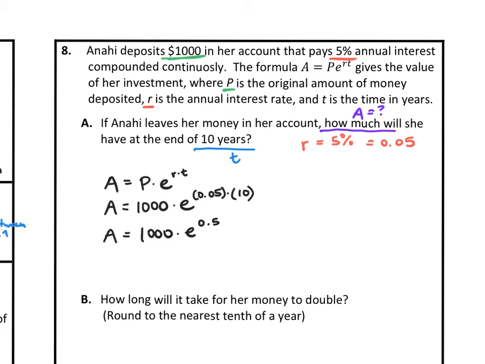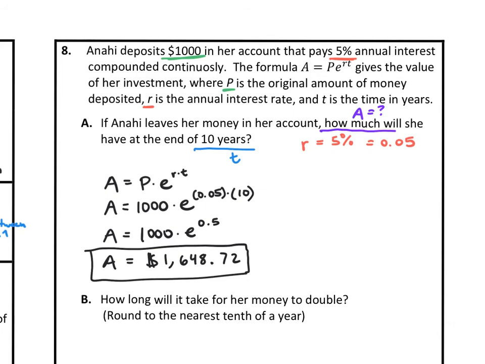And then if I plug that into a calculator, I would get $1,648.72. So she would have $1,648.72 in 10 years.